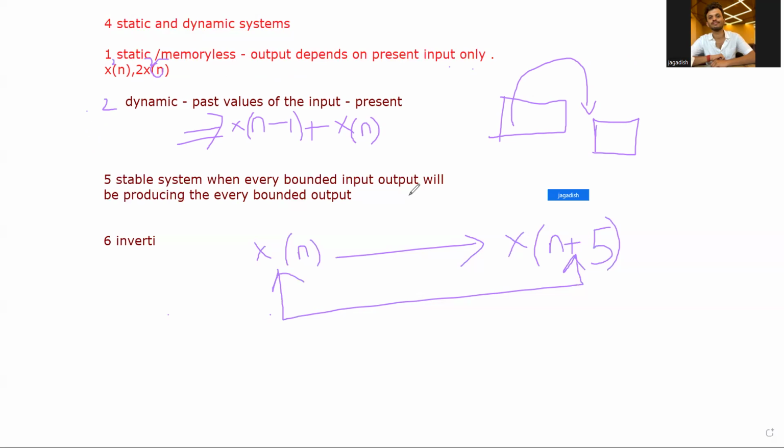Then we will be calling that system the invertible system.